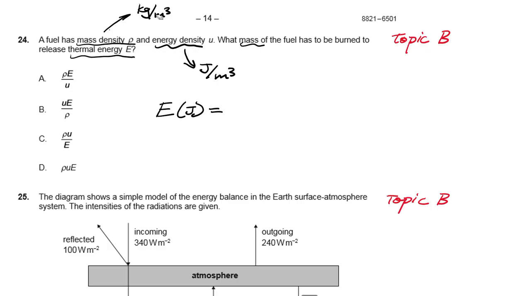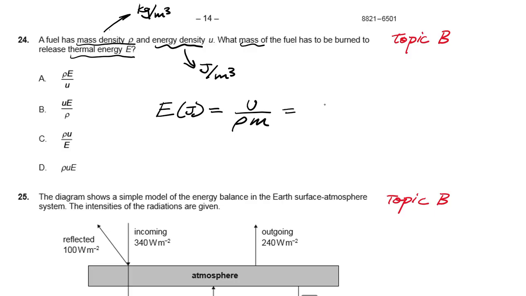We want our joules to be at the top, so we have U up here. Now we have meters cubed, so we need our mass density down here, and we need our energy density down here. So we need our mass divided by our mass density, right?